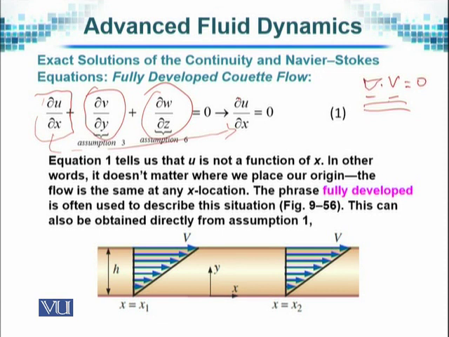In other words, it doesn't matter where we place the origin. So the origin can be here or here. Wherever we see, the velocity will be the same if we make a measurement of the fluid flow at some point.